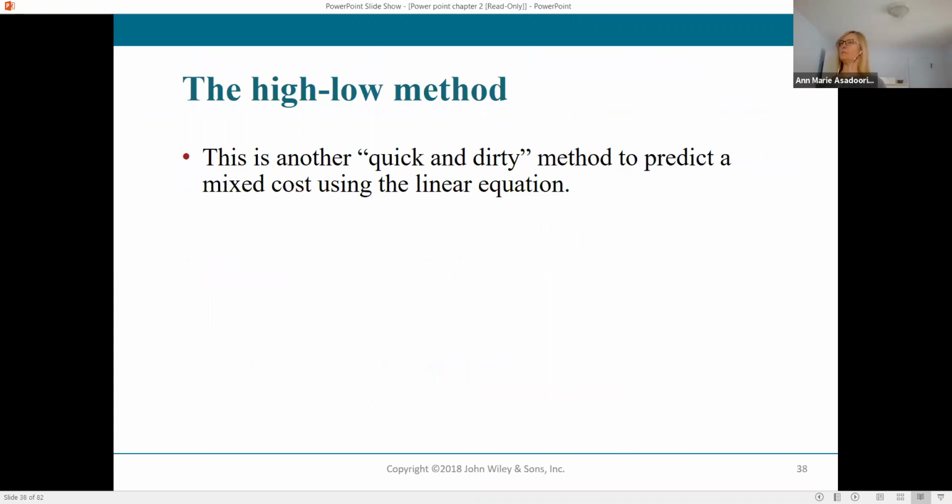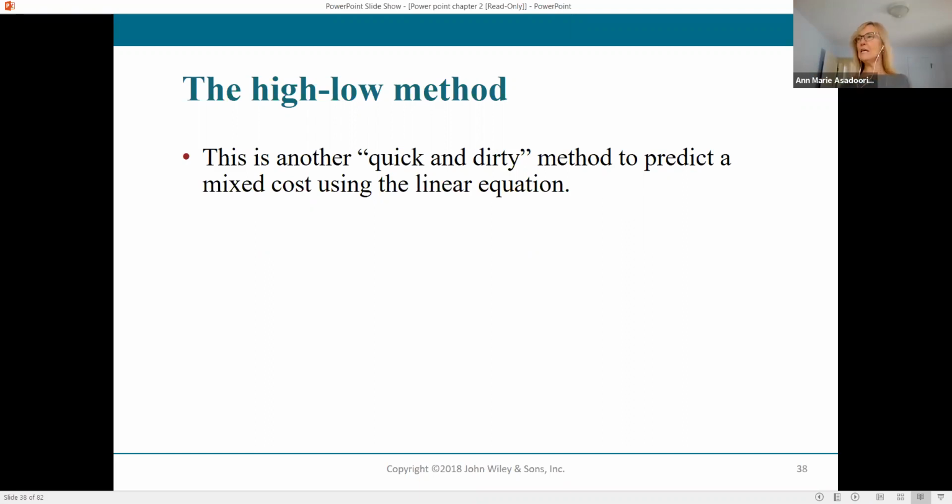Okay, so let's talk about the high-low method, because the high-low method is going to be very similar to the scatter plot or scatter graph method. So the only difference is going to be how you draw the line. So the high-low method is sometimes referred to as another quick and dirty method, right? So the visual fit method, very subjective.